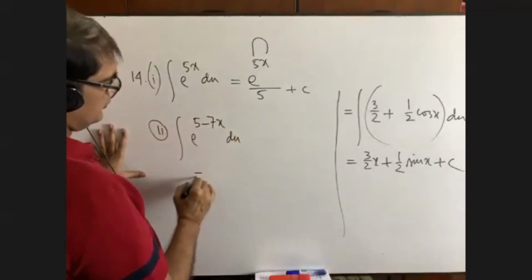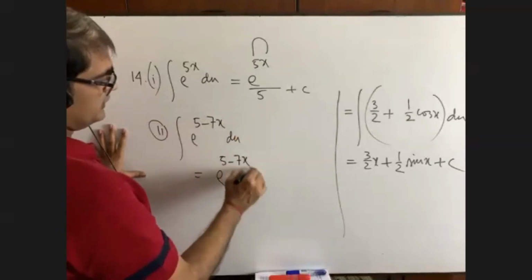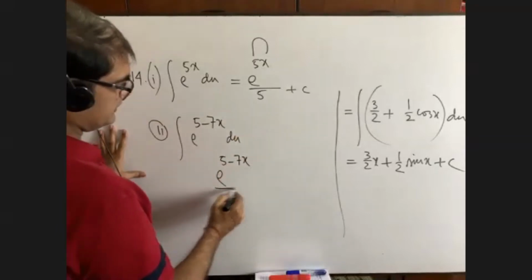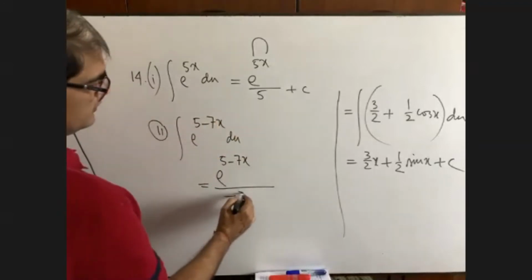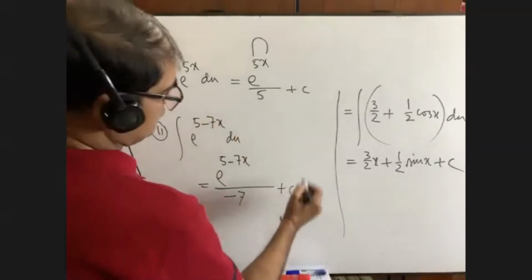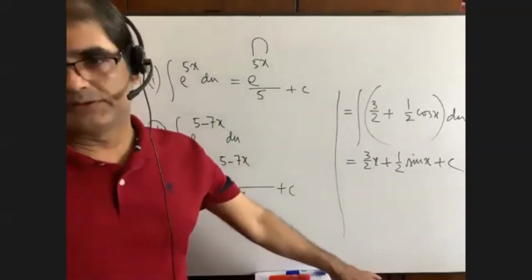Let me know. E to the power x is e to the power x. Now, what is the coefficient of x? Coefficient of x is minus 7. And we are done here. This type of math is normally given in the MCQ examination.